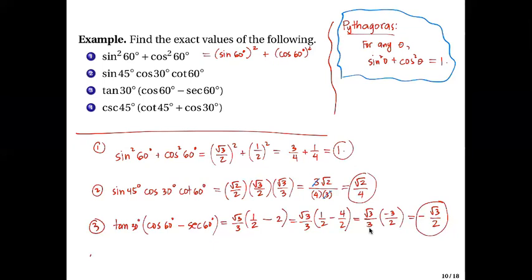For number 4, we have cosecant 45 degrees times cotangent 45 degrees plus cosine 30 degrees.